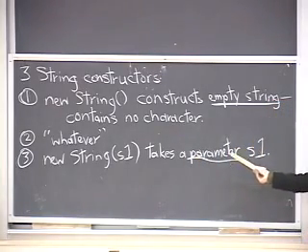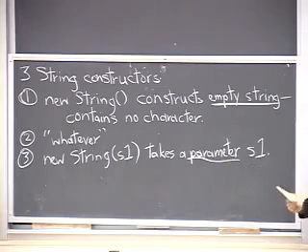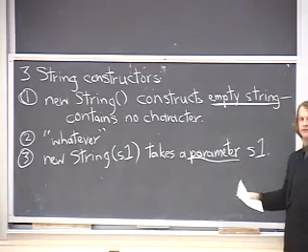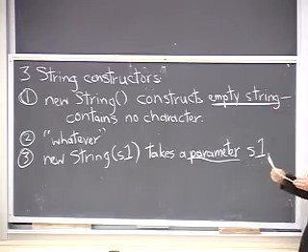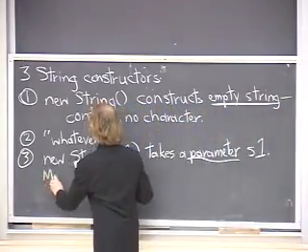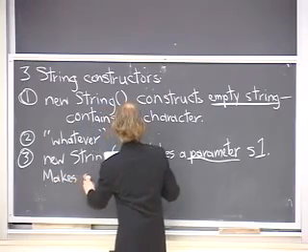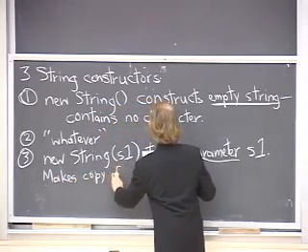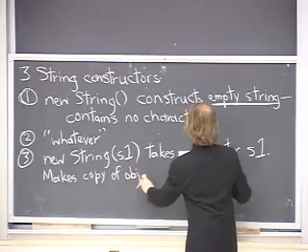Parameter means the same thing as argument. I'm not sure which word you guys prefer to use in 61A and other such, but I always use parameter instead of argument. And what this constructor does is it makes a copy of the object that S1 references.